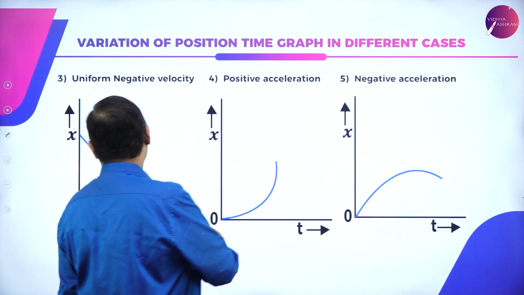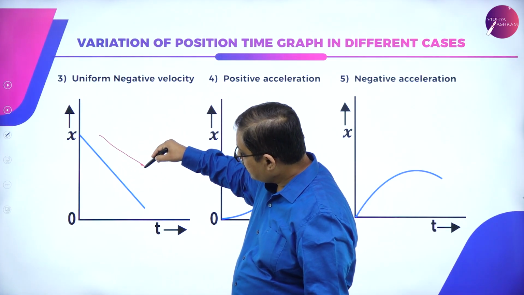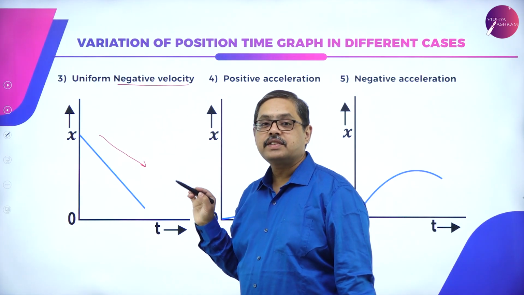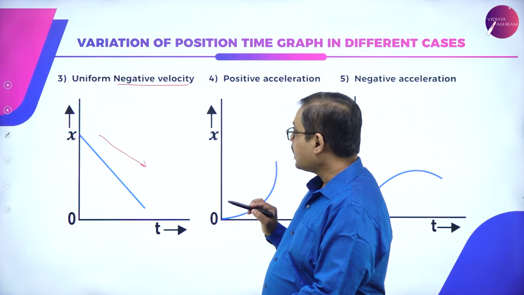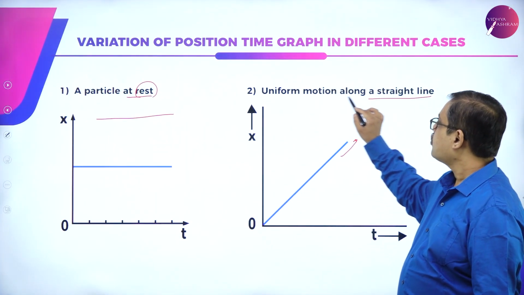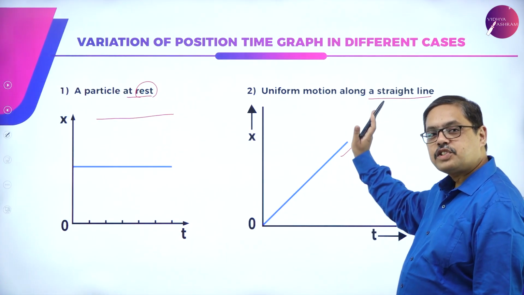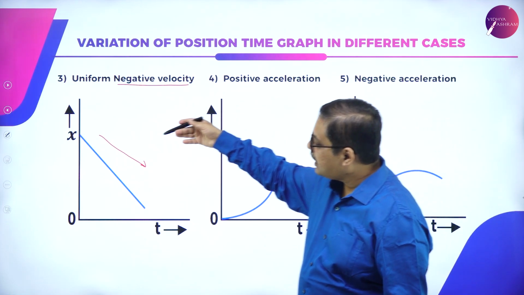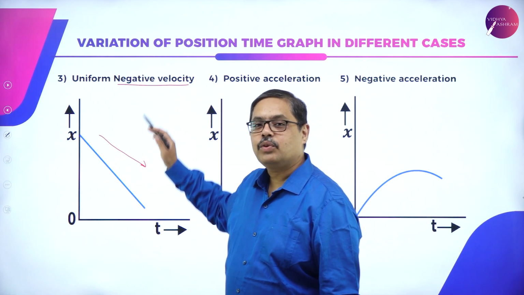Similarly, if an inclined line is pointing downwards, then we say that it is representing negative velocity. Please remember, a straight line represents uniform motion along a straight line. If the inclined line is pointing upwards, it is positive velocity. And if the inclined line is pointing downwards, it represents negative velocity.